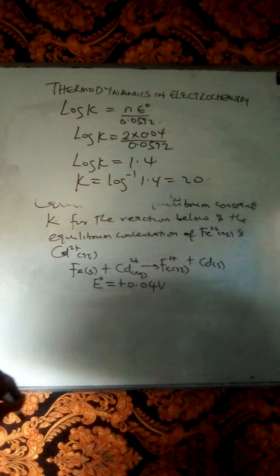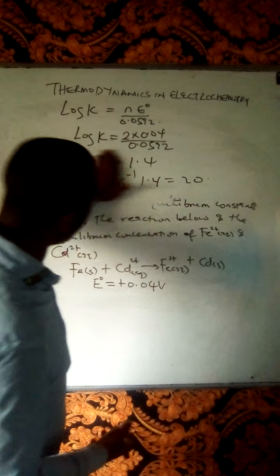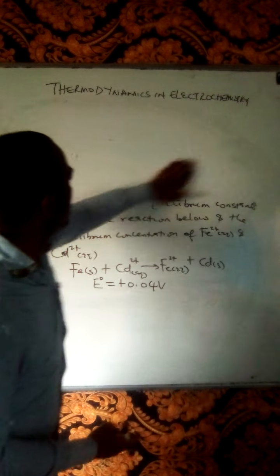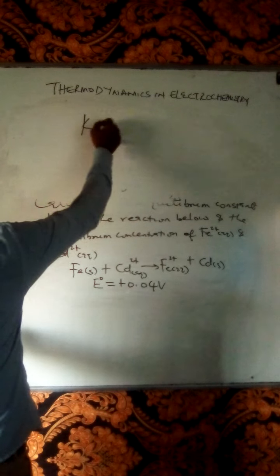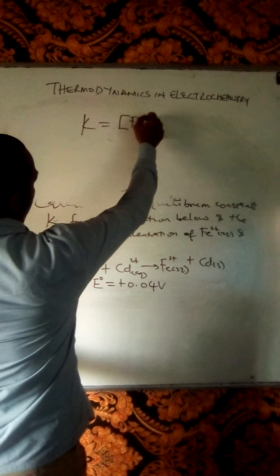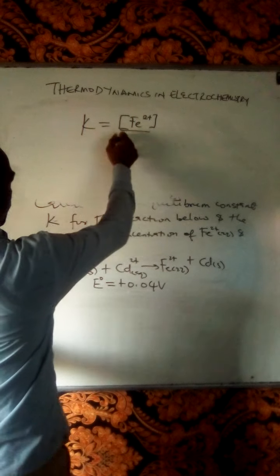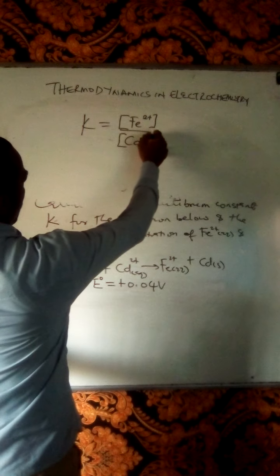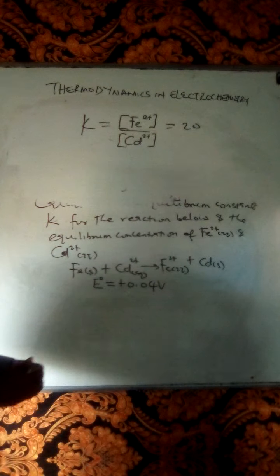To solve that, what we'll do is write the equilibrium expression, K being the product concentration, iron 2, all over the reactant concentration, cadmium 2 ion, and that is equivalent to 20, which we calculated just a few minutes ago.